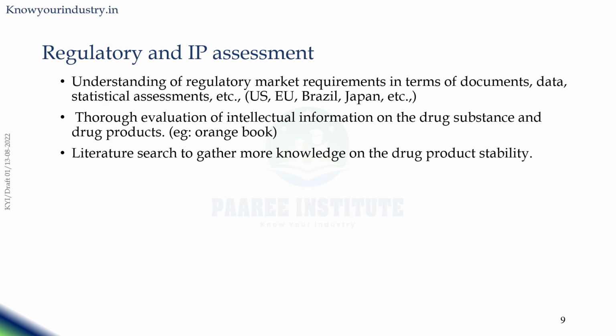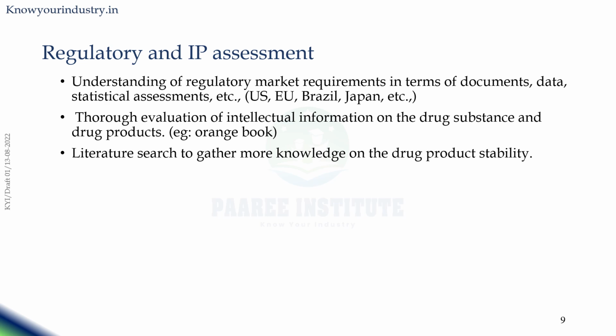Move on to regulatory and IP assessment. Understanding of regulatory market requirements in terms of documents, data, and statistical assessment. As we explained before, there are various regulatory agencies available.